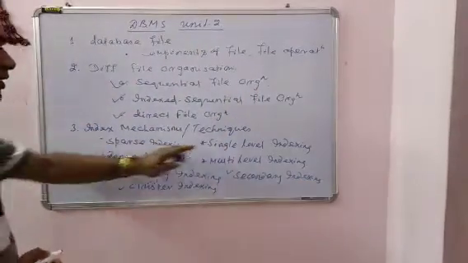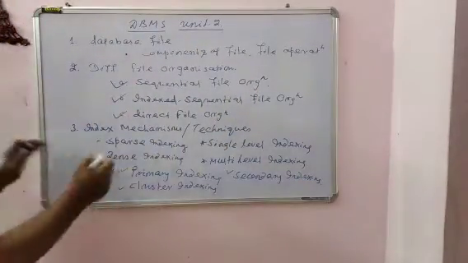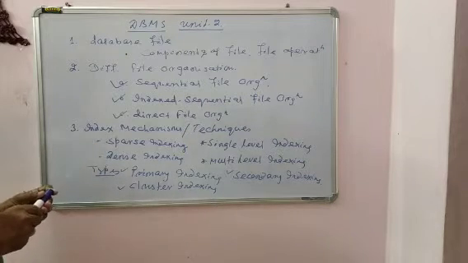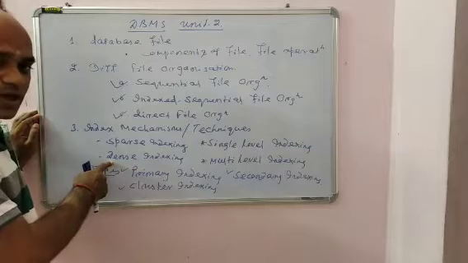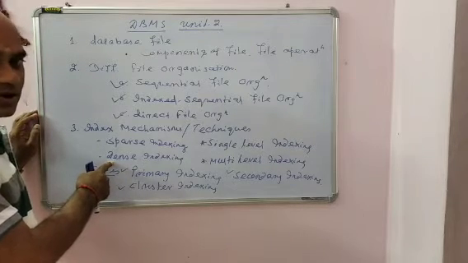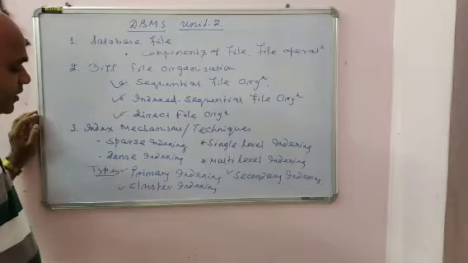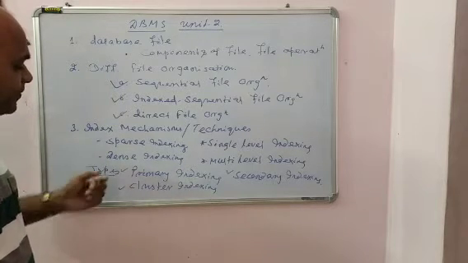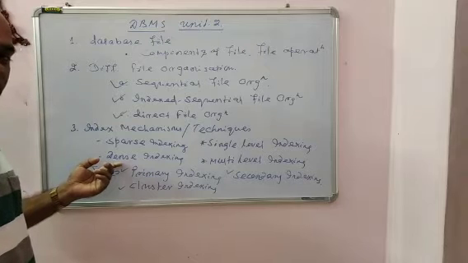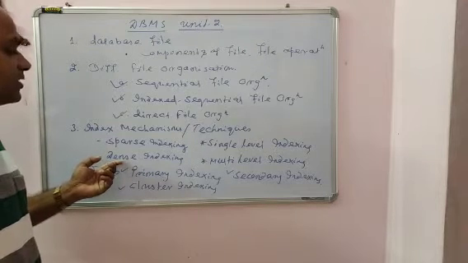So these were the types of indexing we have learned: sparse indexing and dense indexing. In dense indexing, if you create an index entry for every record of the database file, that is dense indexing.